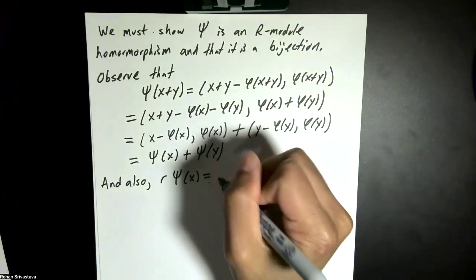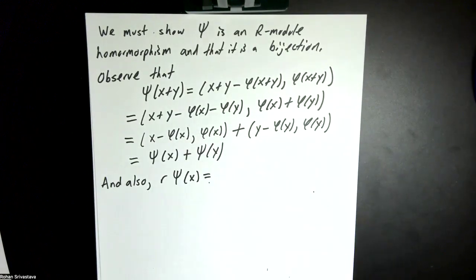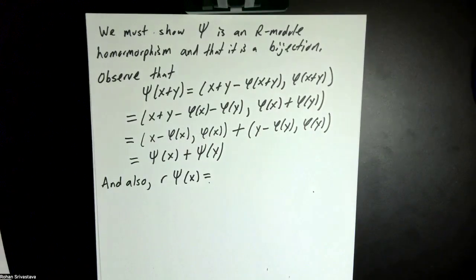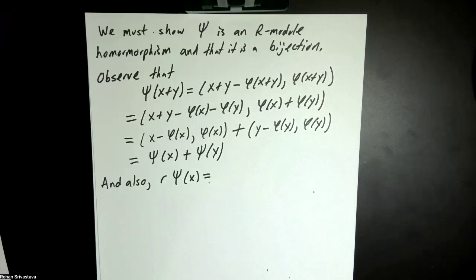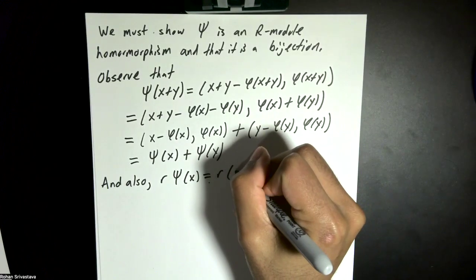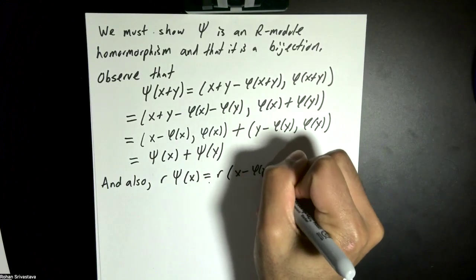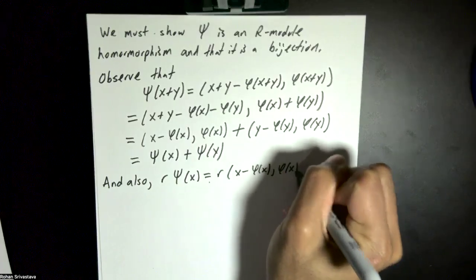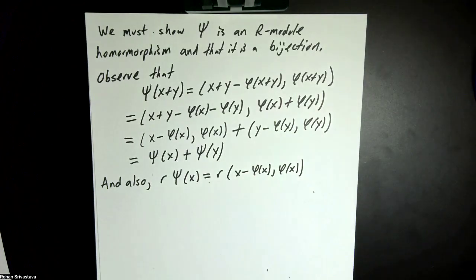Well, this is r acting on the tuple x minus phi of x, comma phi of x. Then the direct sum as a left R module, the action of r is again component wise.